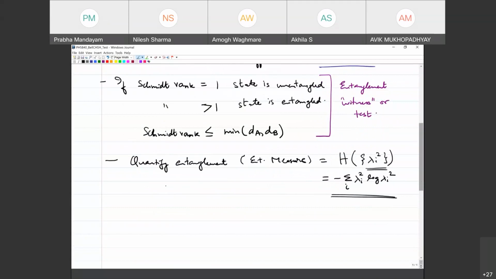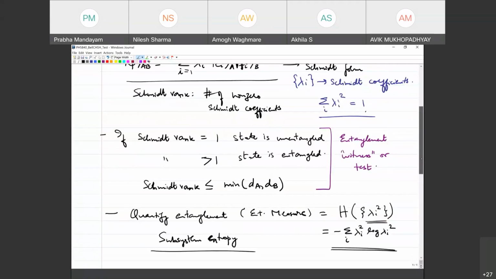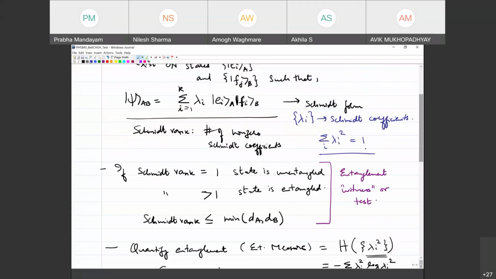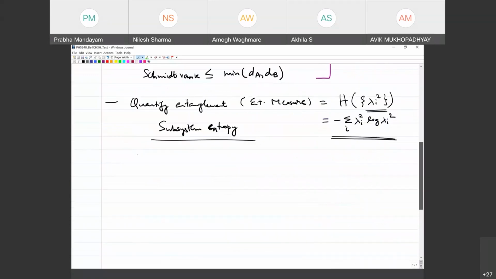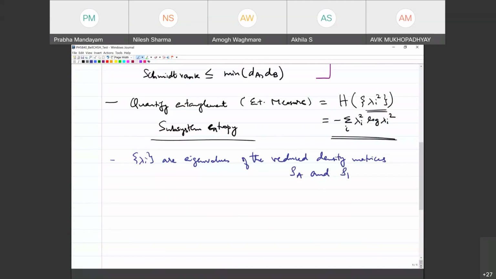It is also sometimes called a subsystem entropy, because as you know, this is the entropy of the density matrix of the reduced states, right? So I hope you saw that the lambda_i are the eigenvalues of the reduced density matrices rho A and rho B. Okay.